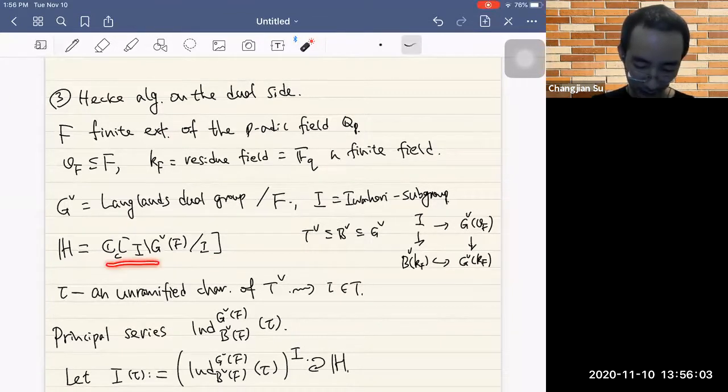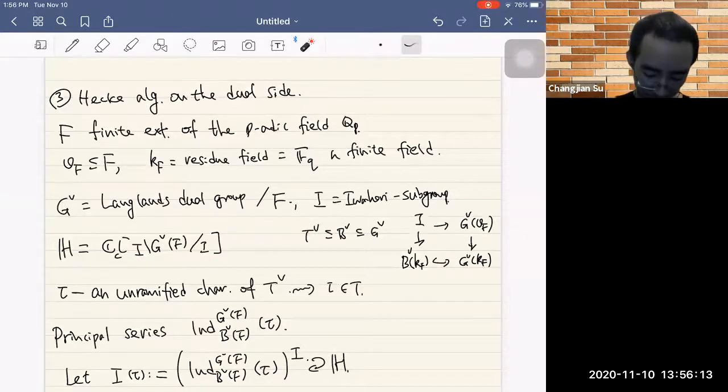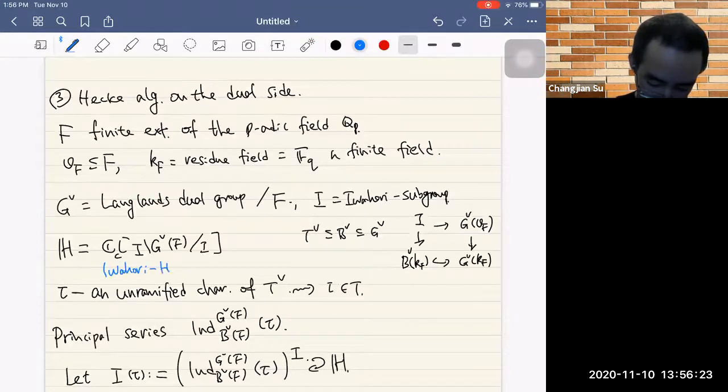So then this has an algebra structure by convolution. If you have two functions, because they are left and right invariant under I, then you can consider their convolution. So then this has an algebra structure, and this is called the Iwahori Hecke algebra.